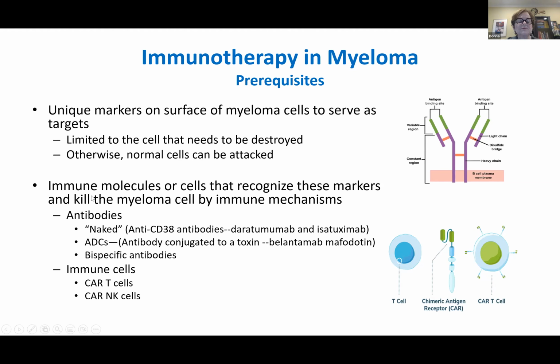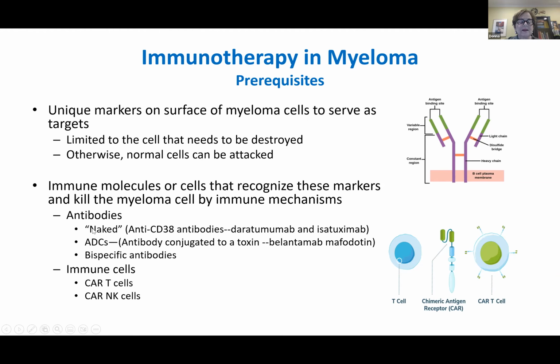And then you need some sort of immune way to kill the cells, either in practical terms, an antibody, or by cells that recognize these markers and kill the myeloma cell by a variety of mechanisms. So we classify immune therapy by antibodies that attack the myeloma cells or immune cells.